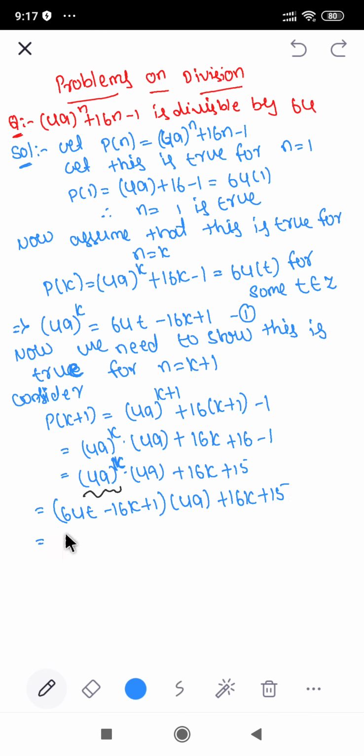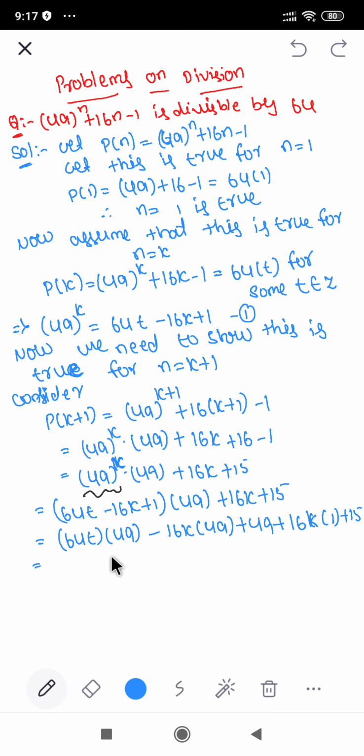We are multiplying inside: 49 minus 16k times 49, plus 49, plus 16k into 1, plus 15.